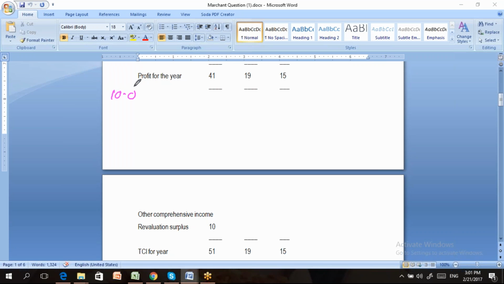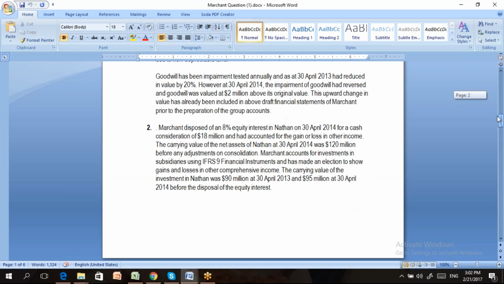They have created a revaluation. So this revaluation reserve includes that 90 to 95. The carrying value of the investment in Nathan was 90 on 30th April, and on 30th April 2015, 95 million.